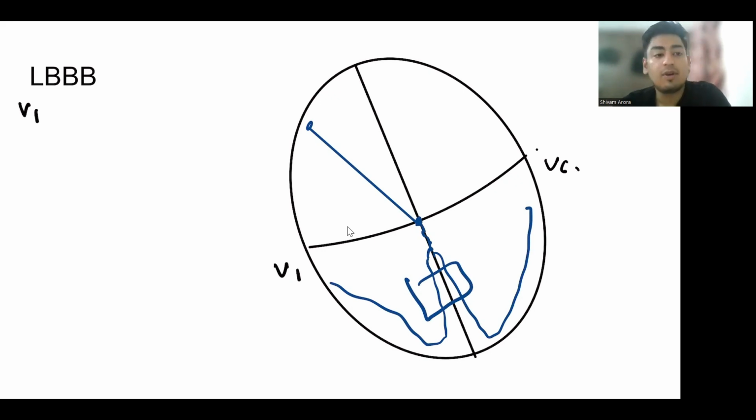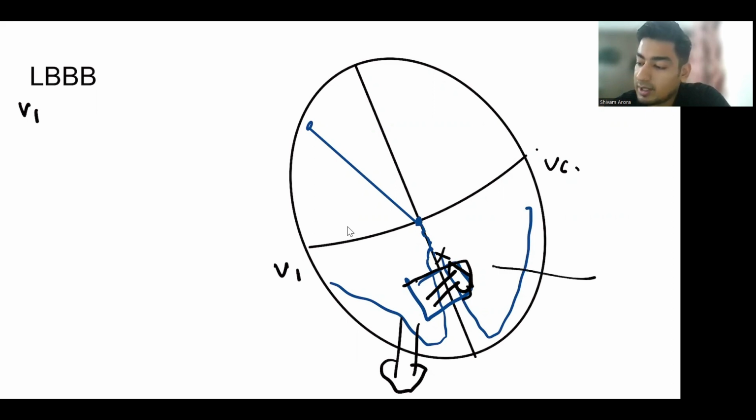As we have already discussed, the first part to get depolarized is the mid part of the interventricular septum. But since the left bundle branch is not functioning, the interventricular septum will get depolarized because of the right bundle branch, so the direction would be like this. Then the second part to get depolarized is the right ventricle through the Purkinje fibers, and the last part to get depolarized is the left ventricle, which is occurring through muscles.